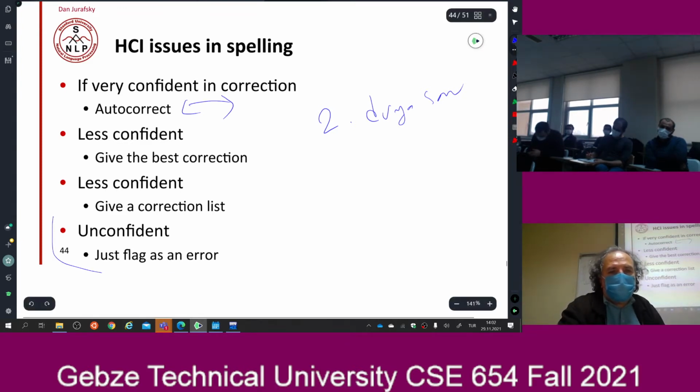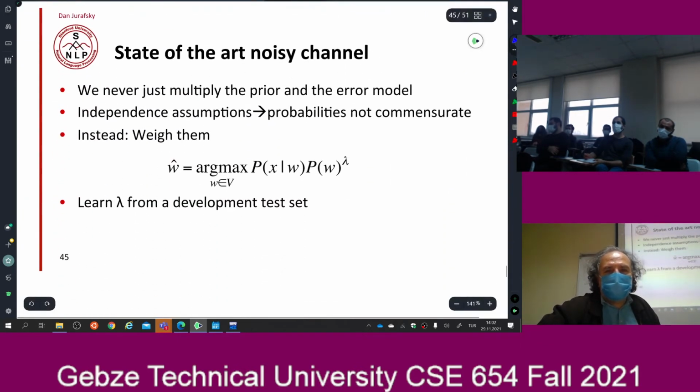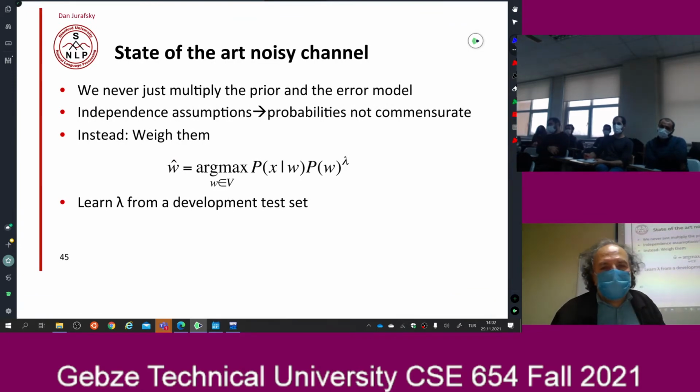If I am unconfident, I say that there is something wrong with this word, but I don't know what it is, without giving any suggestions. So these are some UI issues, and there is no single solution for those, okay?